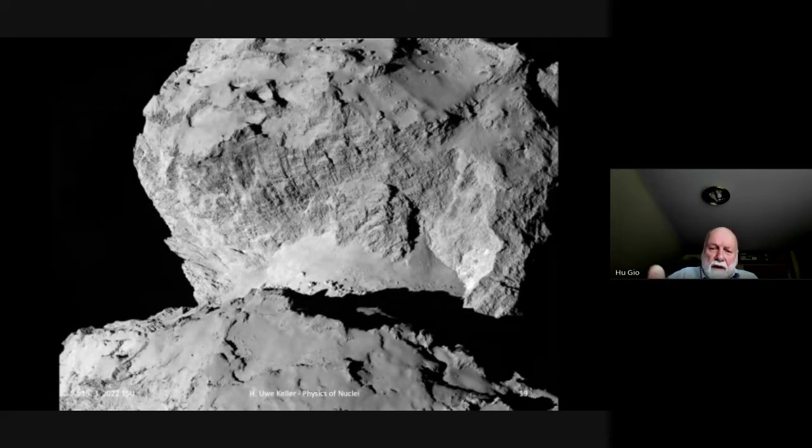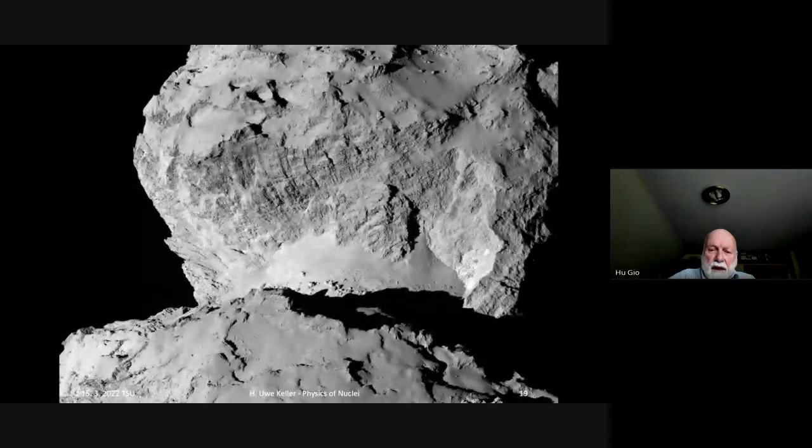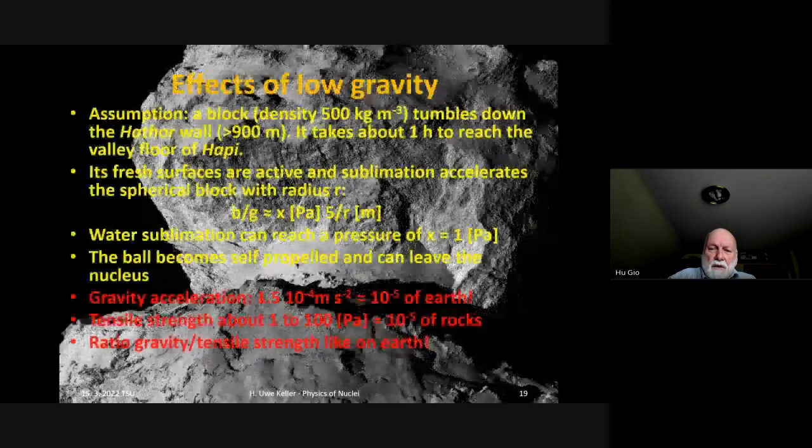If you think about the typical size of this nucleus, it is 4 kilometers, and you are looking here at a wall which is 900 meters high. This wall here you can see is 900 meters high, falling down into the Hapi region, into the neck. And just to give you an impression of what the low gravity environment looks like or feels like, is shown here.